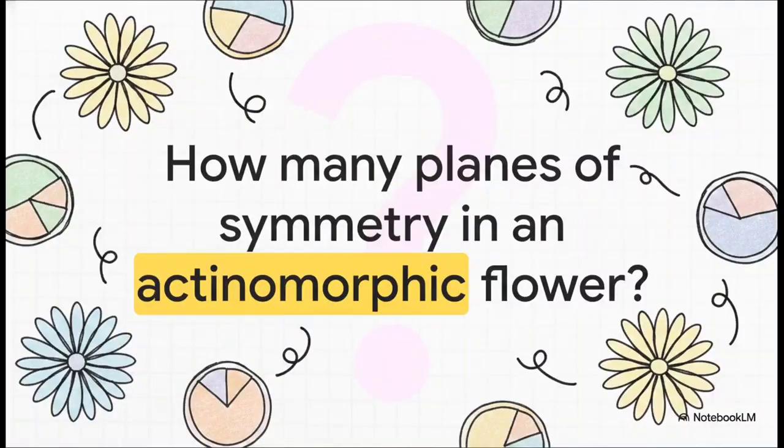Moving right along to question 2, how many planes of symmetry do you actually find in an actinomorphic flower? Is it A, none, B, 1, C, many, or D, only 1? Here's a quick hint. Think back to that pie analogy.